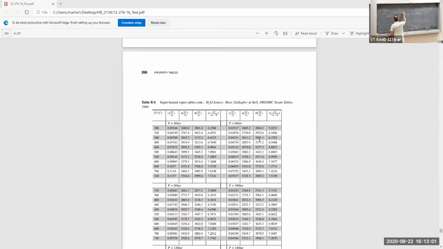I had to interpolate from B4, okay? That's H1. What about H2?